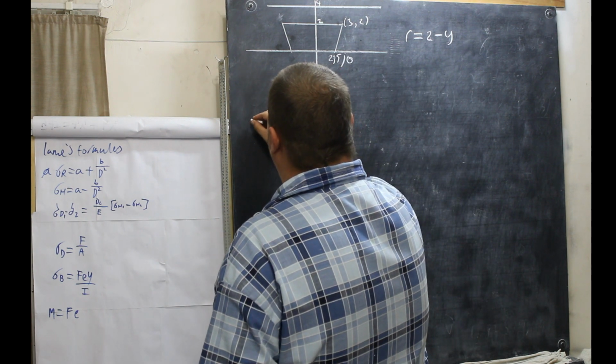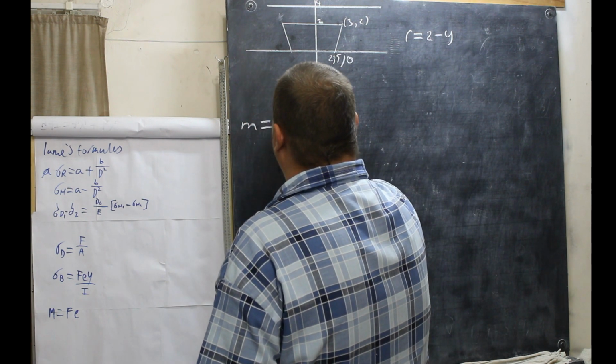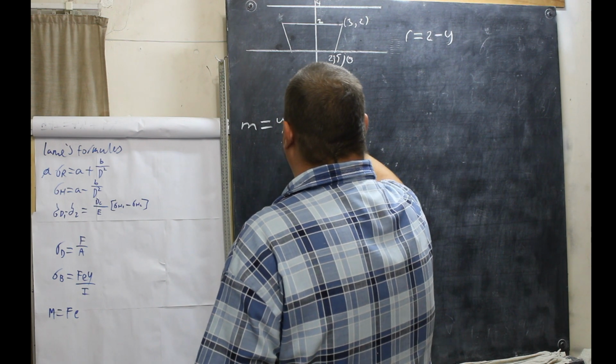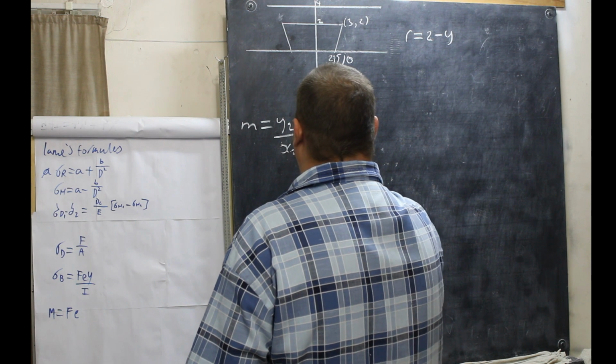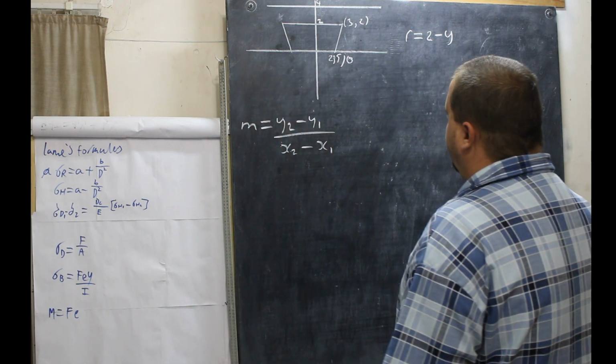So, M is equal to y2 minus y1 over x2 minus x1. Now, we can make it either or.